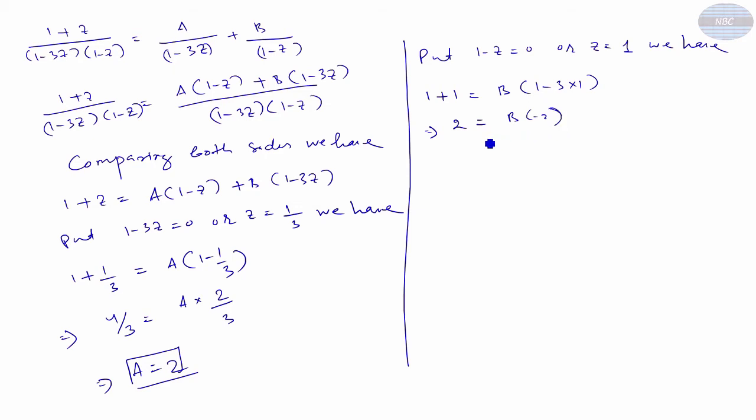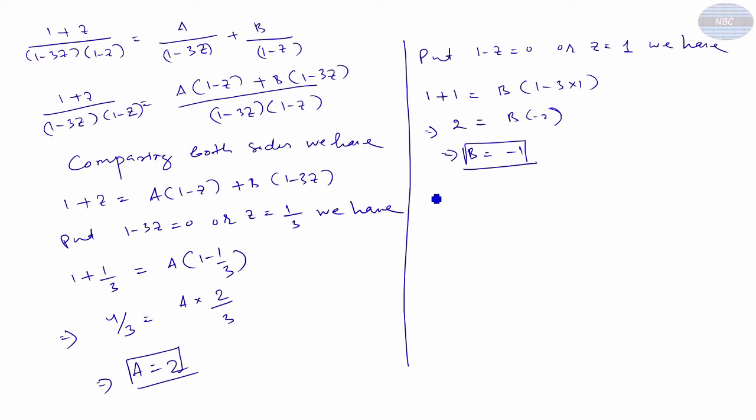So we can have the final value of b as minus 1. Now we already got the values of a and b: a is equal to 2 and b is equal to minus 1.